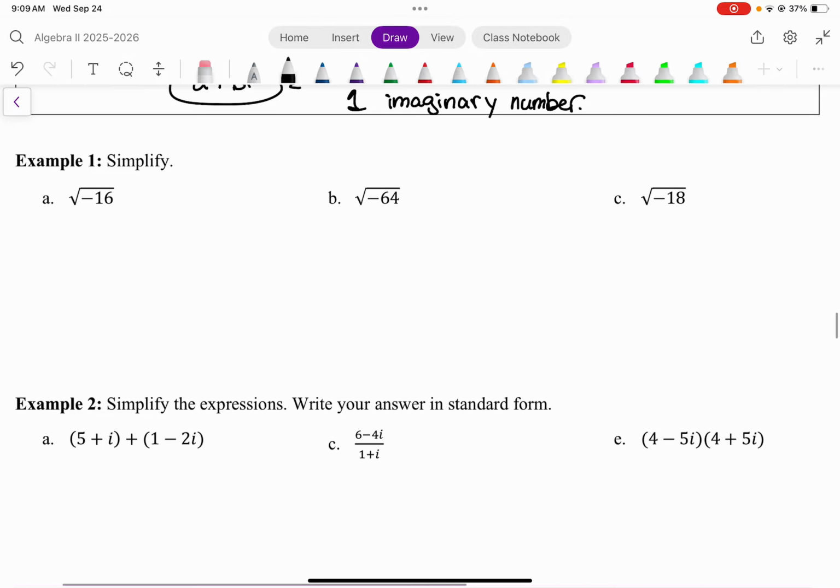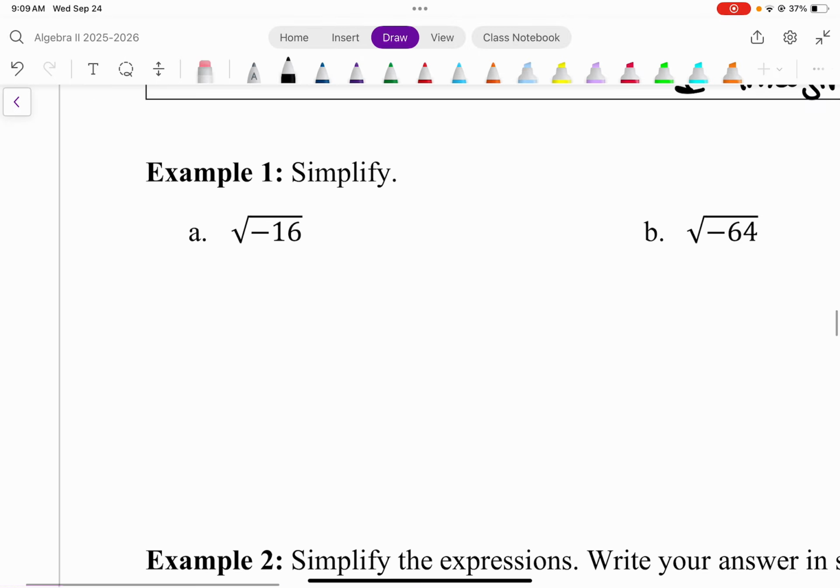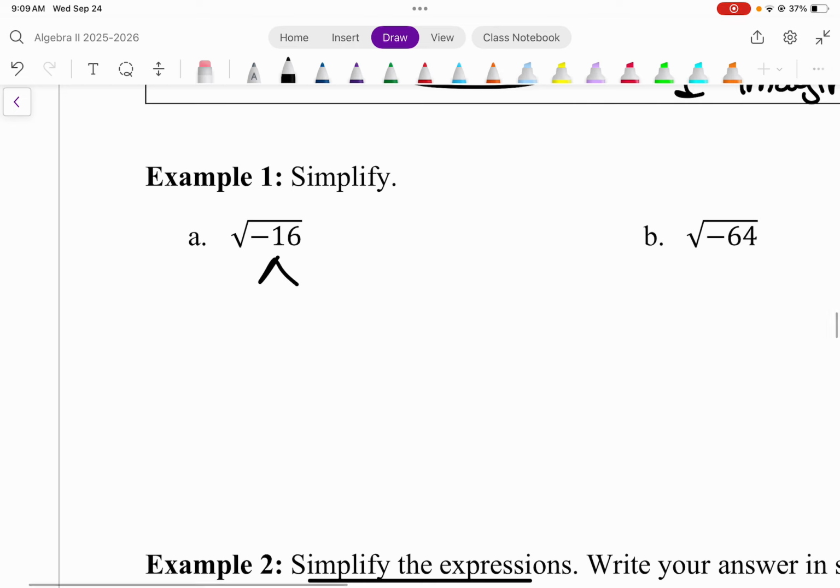Now we're going to go through some examples where we simplify radicals where we have a negative underneath. Anytime you see a negative underneath the square root, I want you to think about it as the square root of -1 and then the square root of the remaining number. In this one, we already know that the square root of 16 is 4.